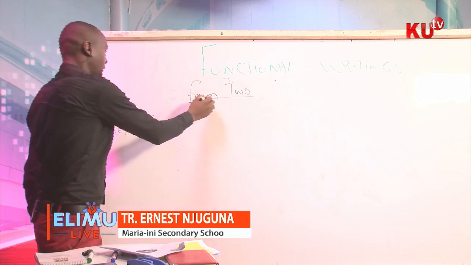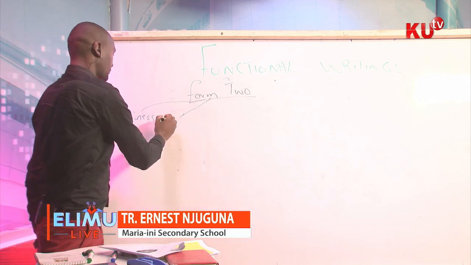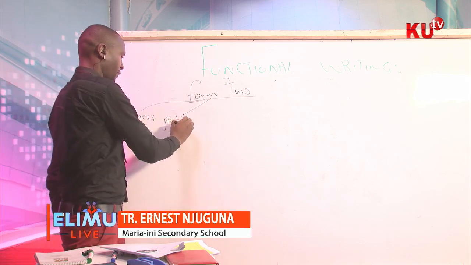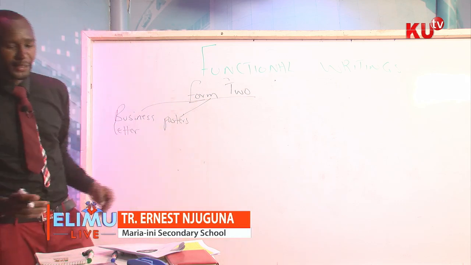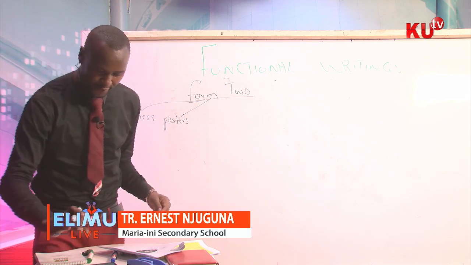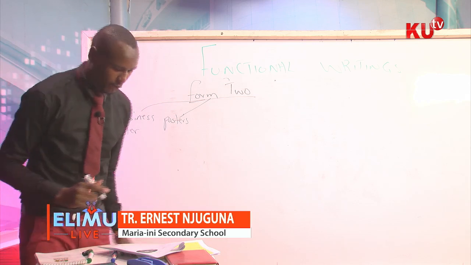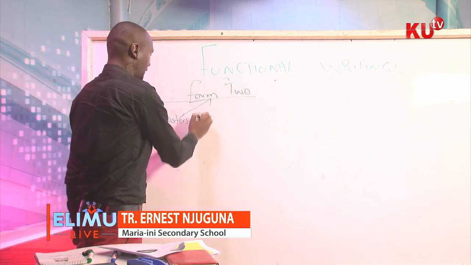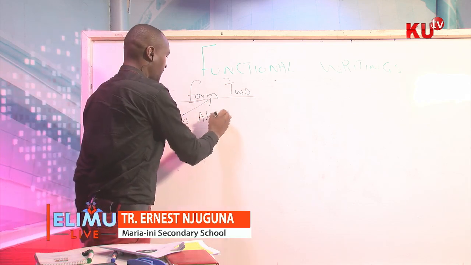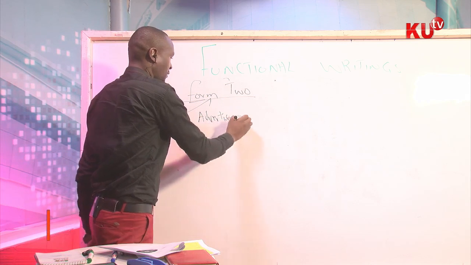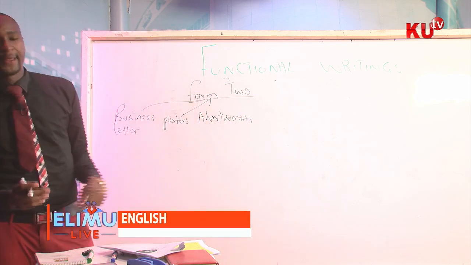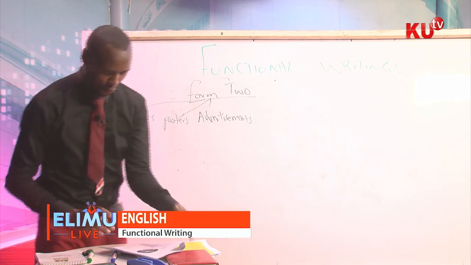And then you have the posters. The posters you see, like for campaigns, you cover them in Form 2. And then you have advertisements. You cover the advertisements in Form 2.